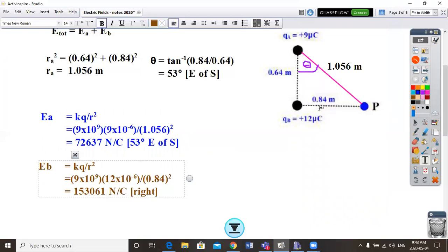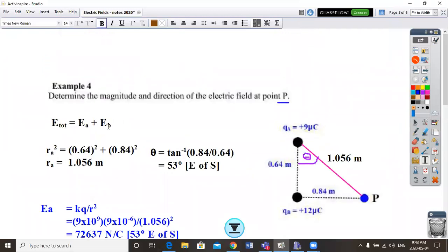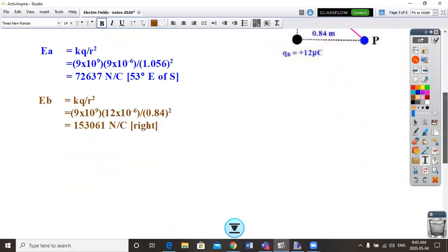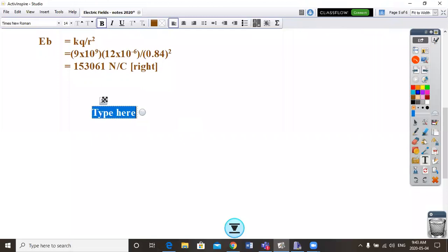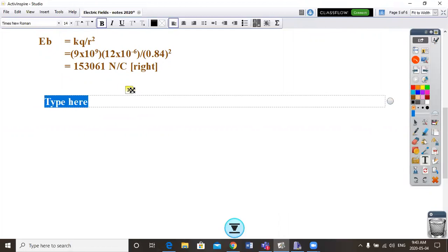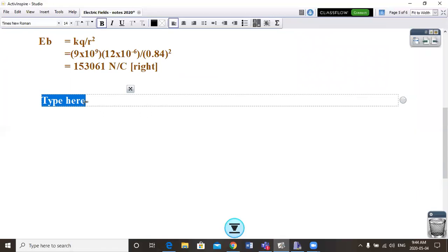153,061 newtons per coulomb to the right. Okay, so now we have to add these two vectors, and you'll notice that they're two-dimensional. So we are going to need to do a vector chart. In this case, our vector is field. Okay, so vector x, y.